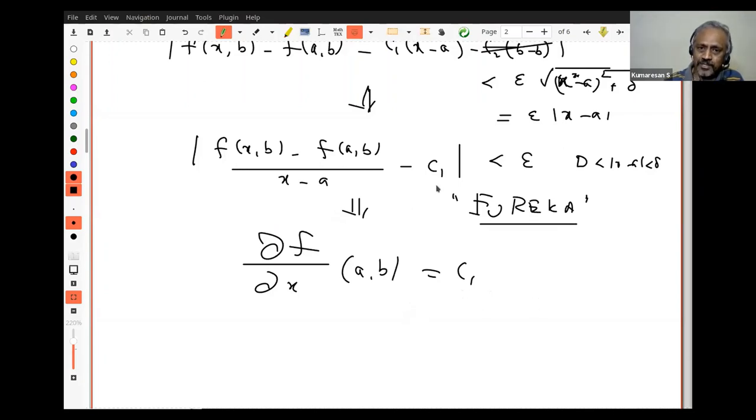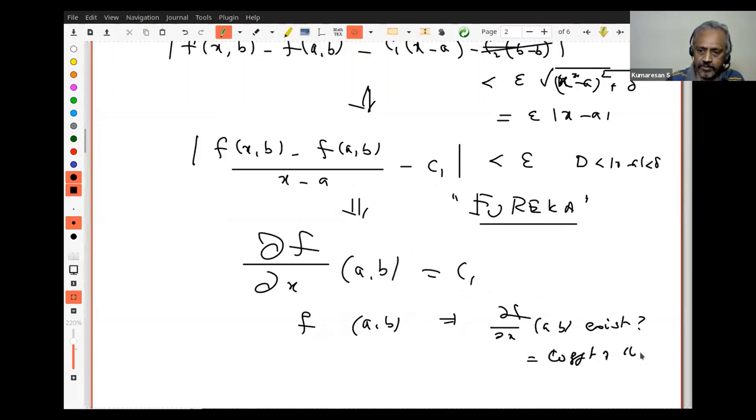One is I wanted to know what is C1. I found out C1. Second, I'm looking at the other side. If you say f is differentiable at (a, b), then this exists. If it exists, then I would like to know what it is. It is nothing other than the coefficient of the first variable in the approximating polynomial.